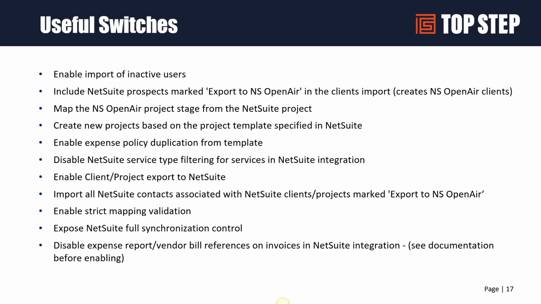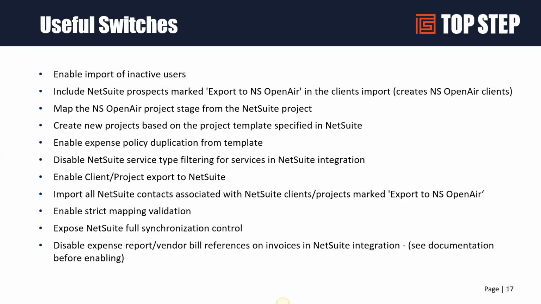So you could have an inactive user in NetSuite and an active user in OpenAir that someone would have to go in and manually check. Now you do have the ability to update inactive users. Even though the user might be inactive in NetSuite, you can still have that update the user record to inactivate the user in OpenAir, and keeping the two systems in sync can be very helpful.